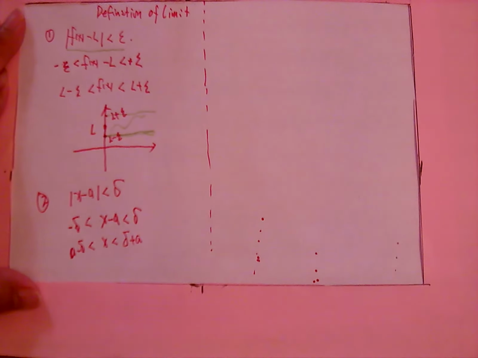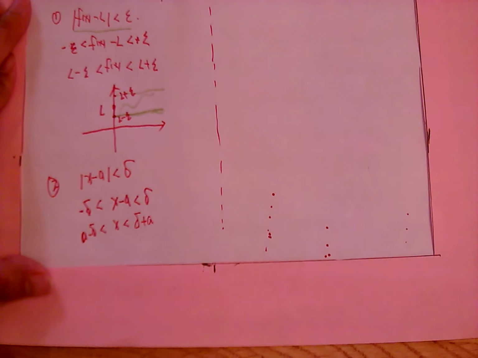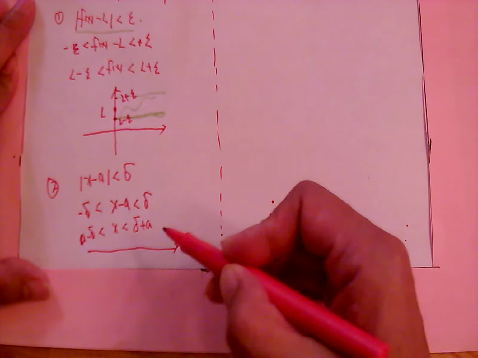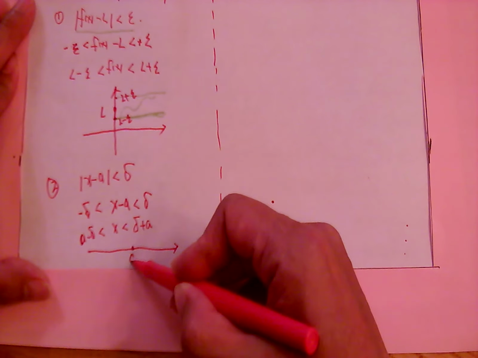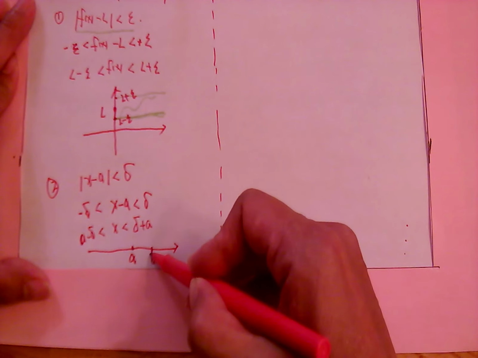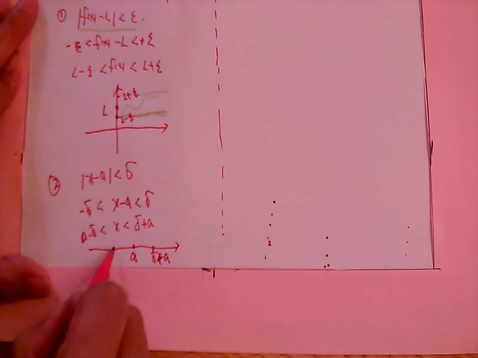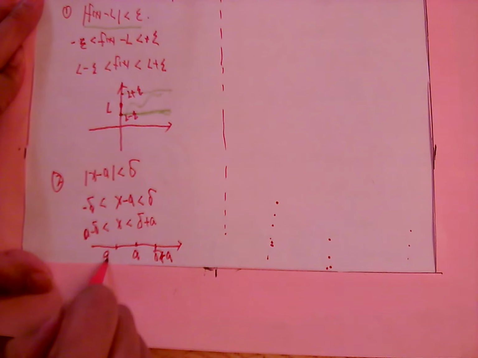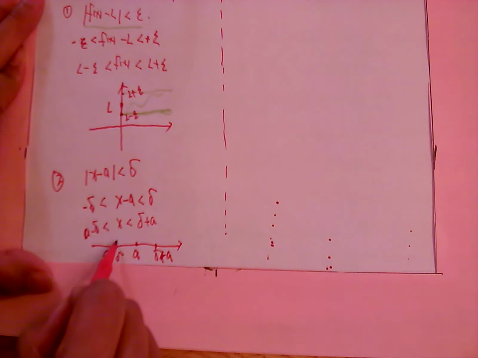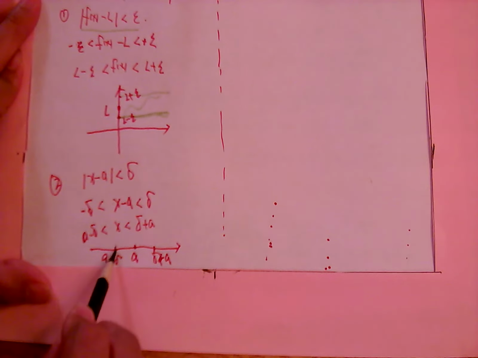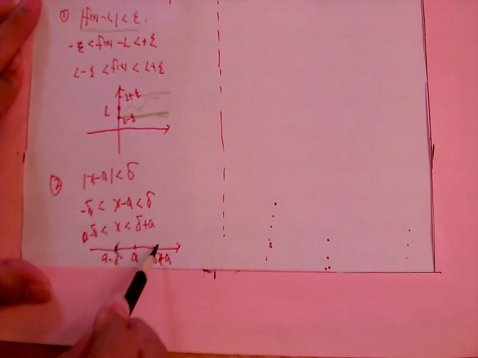Now we're going to draw a line. This is a, this is a plus delta, this is a minus delta. We're going to use a different color to make this interval open.